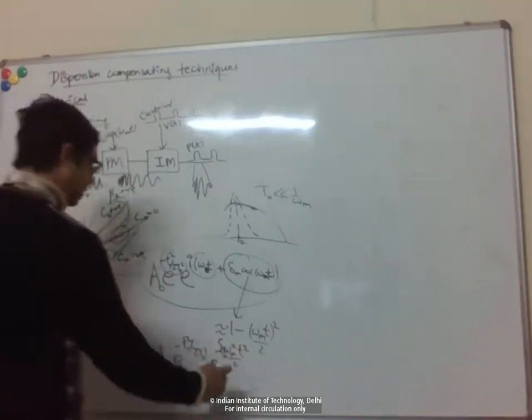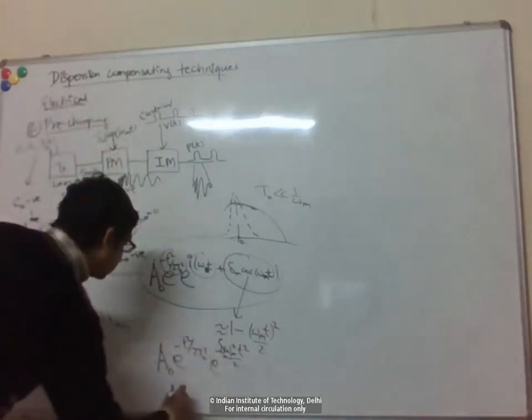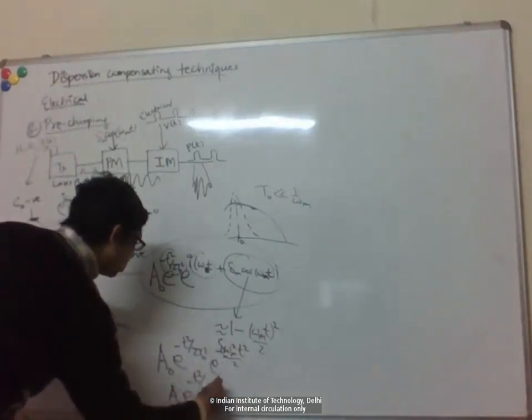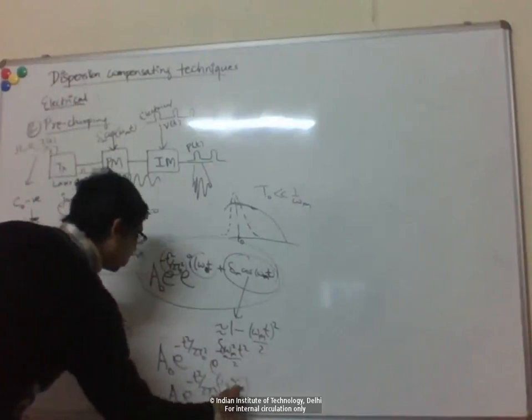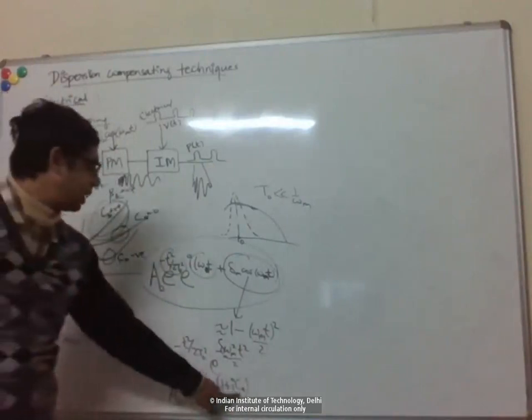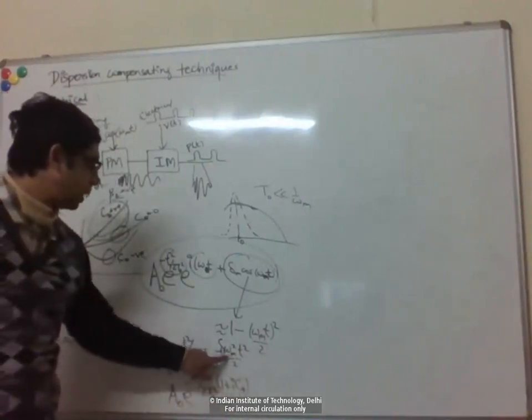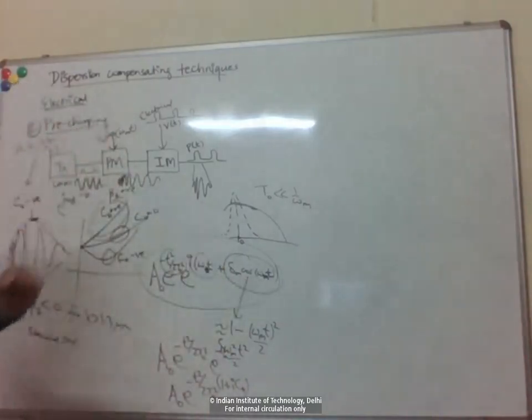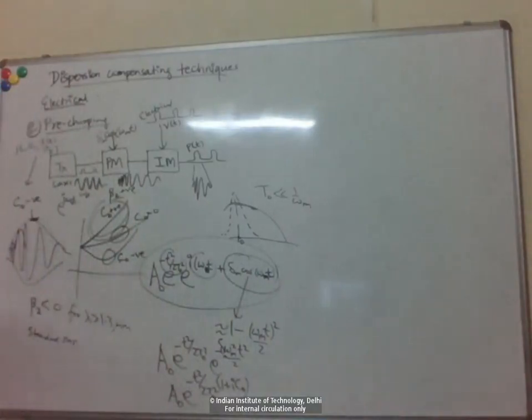Compare this with the chirped pulse. So this C parameter I can control with the values of omega m and delta m, the amplitude and the frequency of this microwave to the phase modulator.